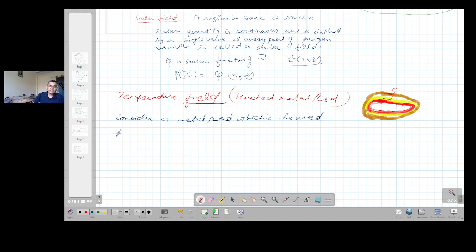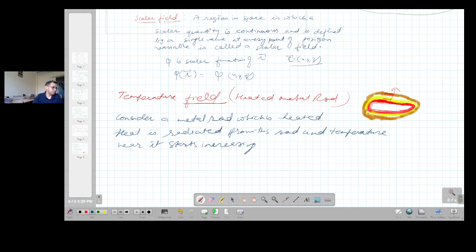Heat is radiated from this rod, and the temperature near it starts increasing, and as we move further away from it, the temperature decreases.